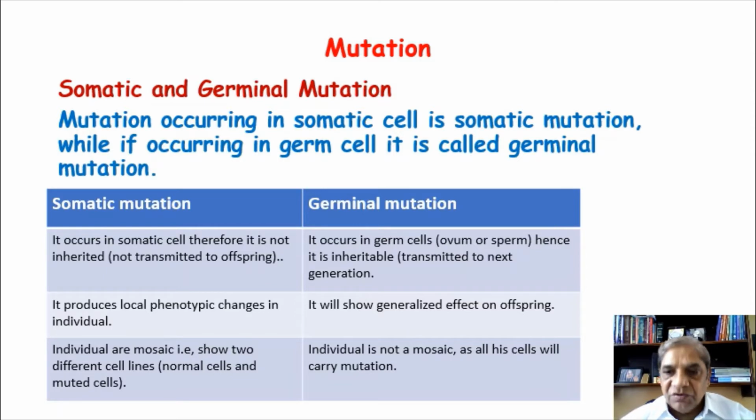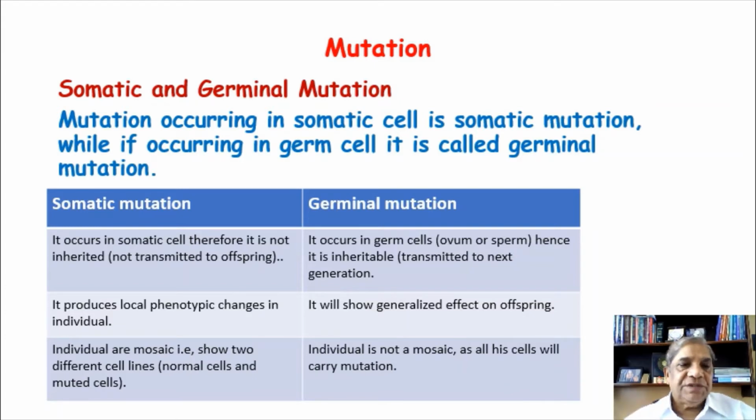It will not go to your next generation, because these are somatic cells. But if this occurs in a germ cell, that is in ovum or sperm, it is inheritable. This change in the gene will be transmitted to the next generation, but the somatic mutation will not transmit. It will be limited to that organ only, whether it is beneficial or harmful. So it will not be transmitted to the offspring.